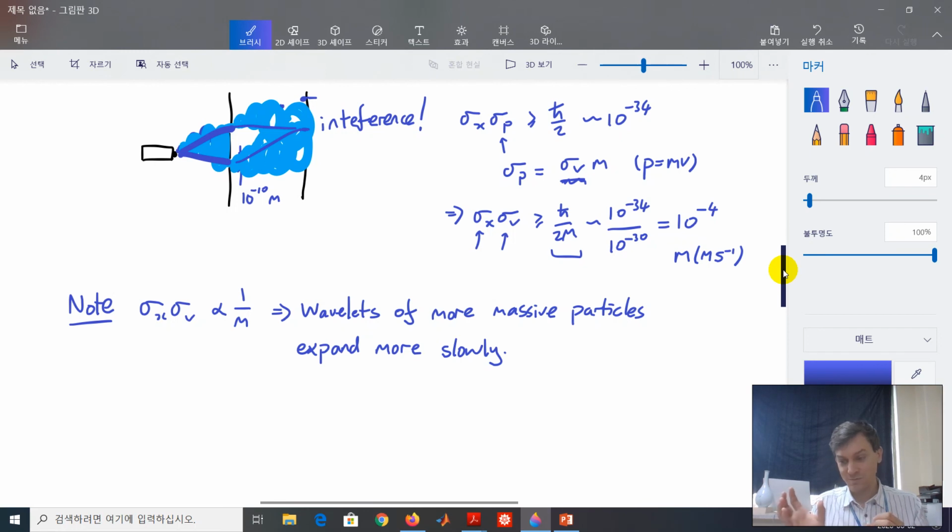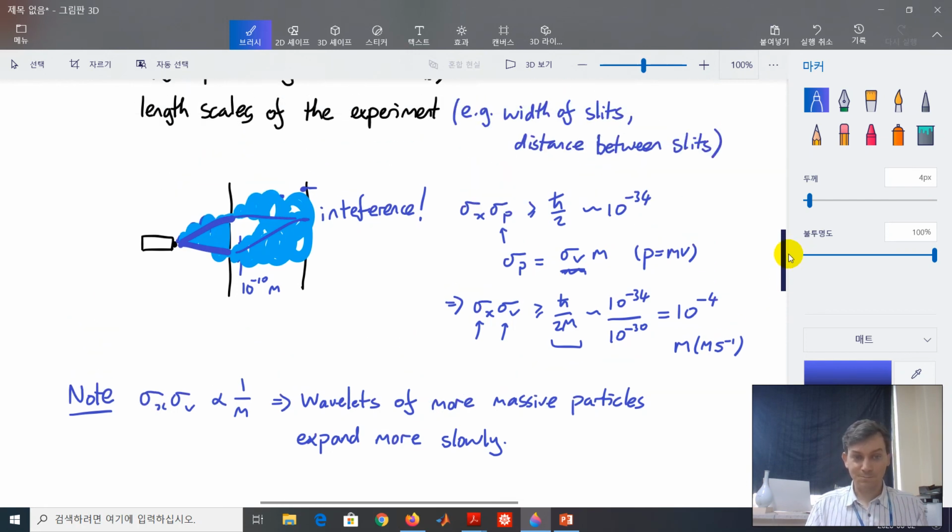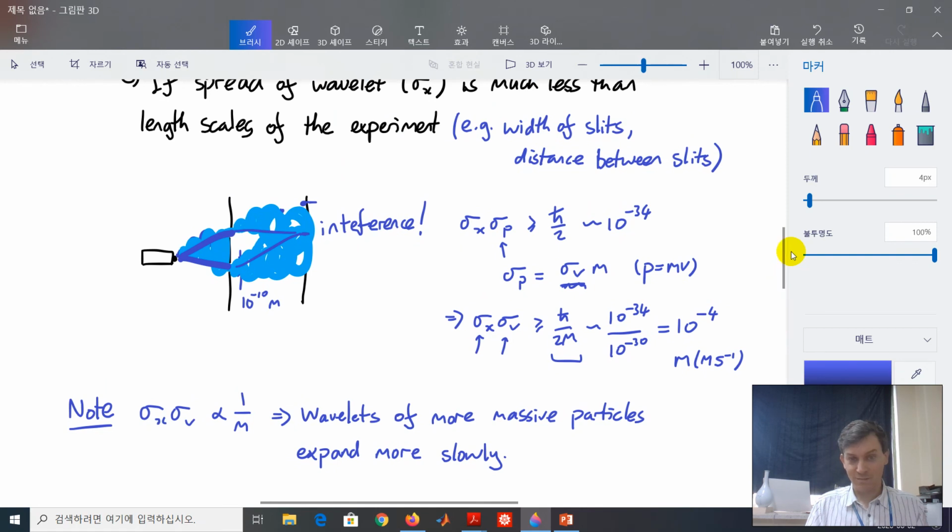So there's a limit to how precise your measurements of position and velocity can be simultaneously. And finally we've seen how this relates to the evolution of the wave function and when you can treat quantum particles just like classical particles, based upon the localization of these wavelets.